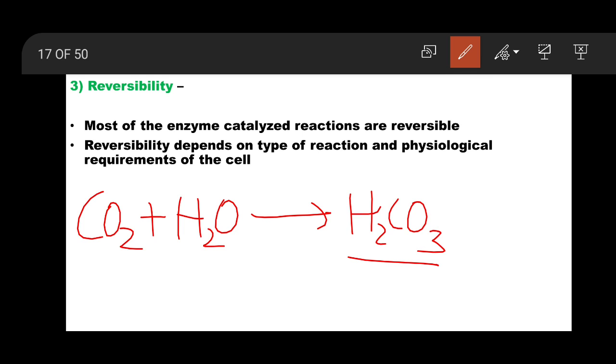Here the enzyme acting is carbonic anhydrase. The same enzyme acts in the reverse direction. So what type of physiological condition is there will determine which type of product is formed, or the reversibility of the reaction.